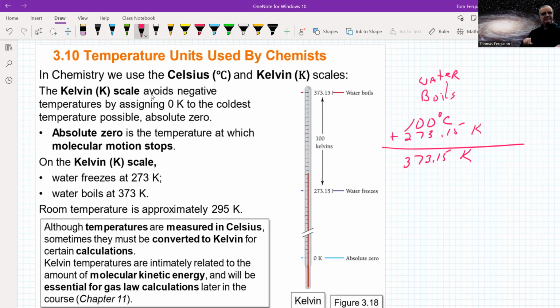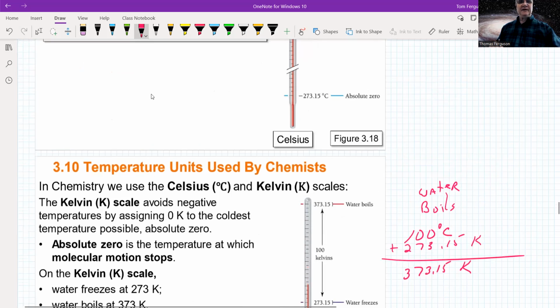Okay, so that's the main thing about temperature.